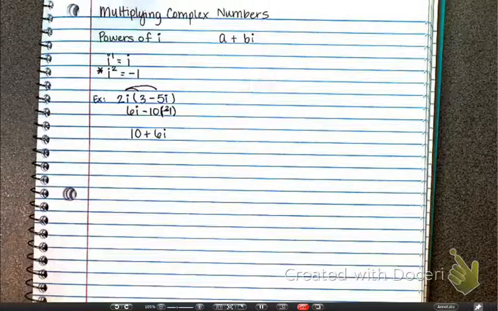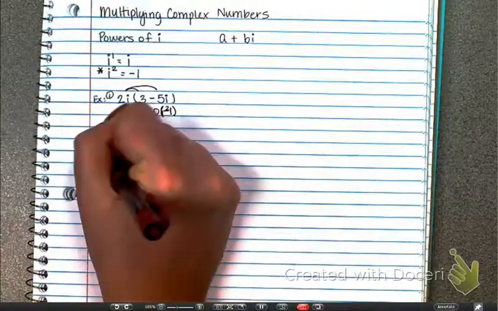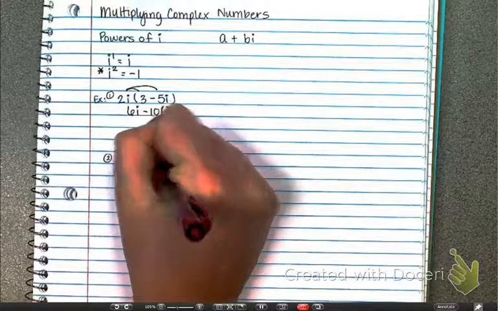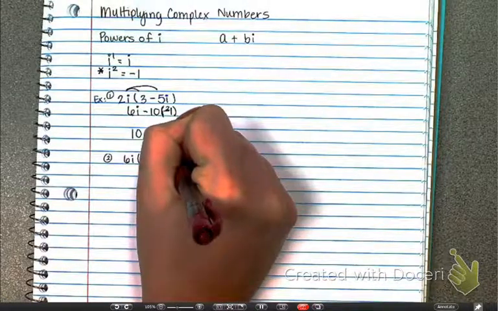Okay, so let's do another basic one. Let's do 6i times 6i plus 1.